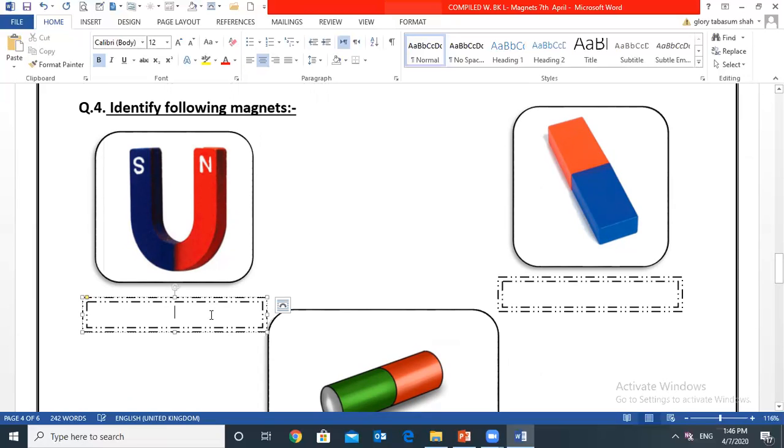First one, U-shape magnet. Next is the bar magnet. Bar magnet.